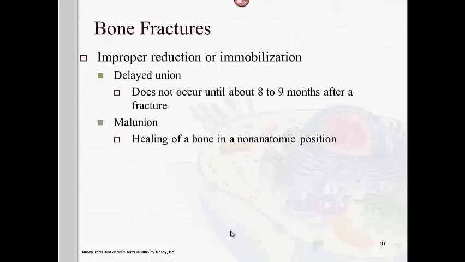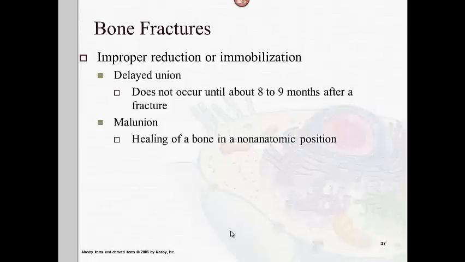Delayed union is where the reduction does not occur until about 8 to 9 months after the fracture. And malunion is healing of a bone in a non-anatomic position. The remodeling process substitutes the trabecular bone with compact bone.